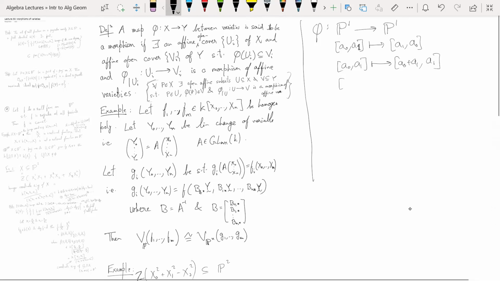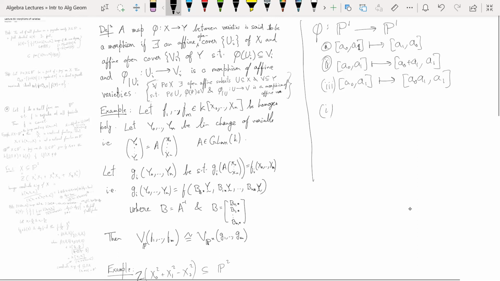Let's write down some candidates and check whether they are morphisms of varieties or not. Let's try the first one first, and then we'll see the second and third.